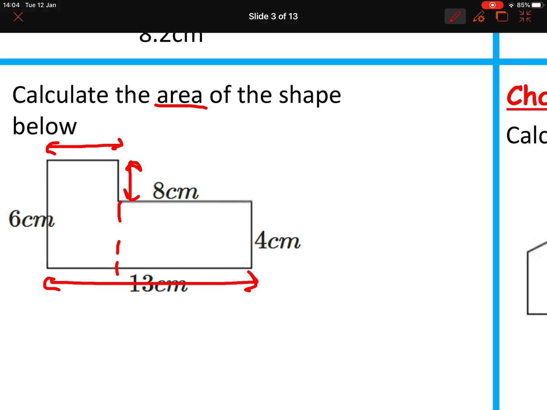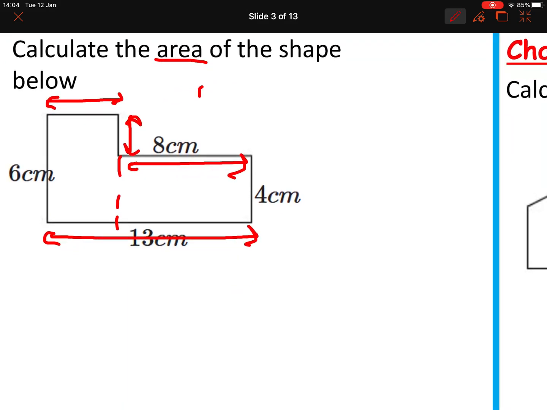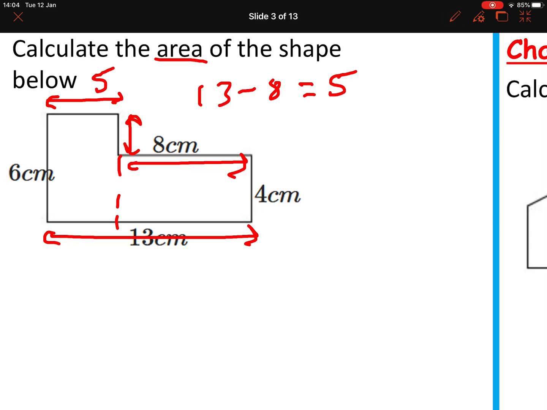So we know that the total length from this point to this point is 13 centimeters, and the distance from this point to this point is 8 centimeters. So therefore, to find the missing length horizontally, we need to subtract 8 from 13. So that would give us a length of 5.